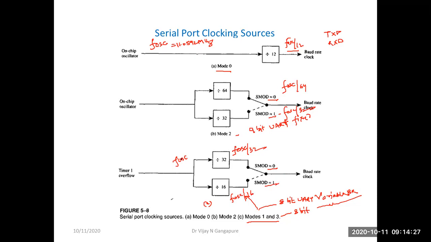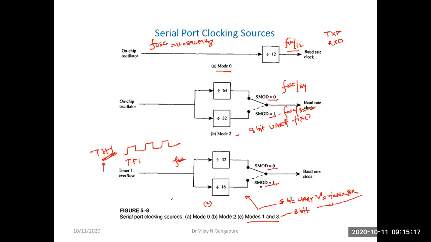And this is not F oscillator, let me correct it. It is Timer 1 overflow. That is the rate with which the TF1 flag bit is set. So here I am getting pulses depending on what value we are loading in TH1. The frequency of this depends on the value loaded in TH1, and that is acting as the source frequency. Further it could be divided by 32 or 16, depending on whether SMOD is 0 or 1.